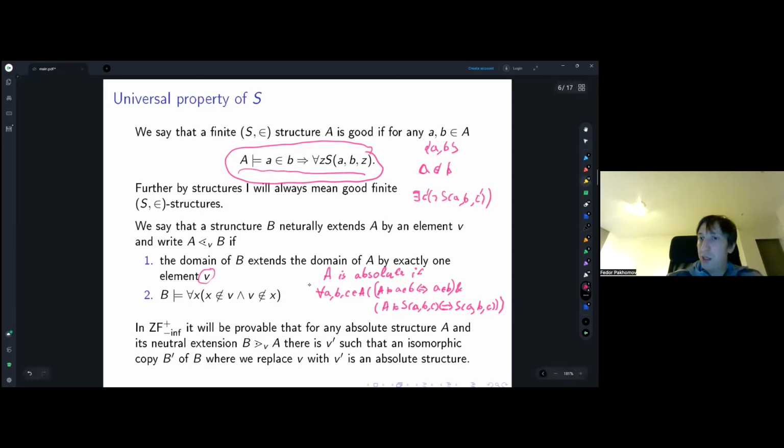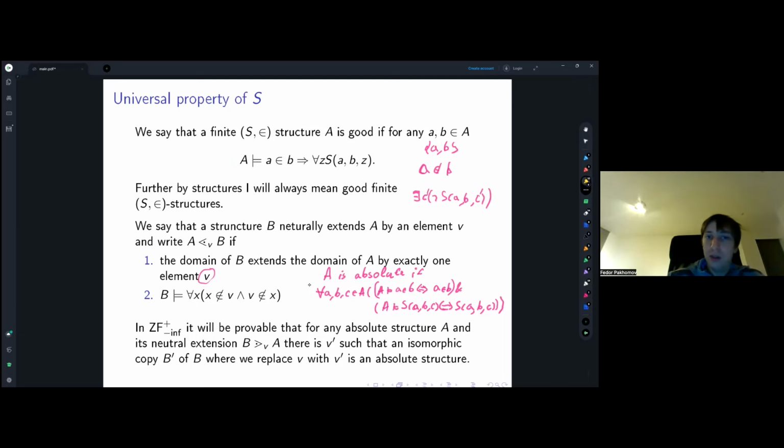So in the end, we want our structure to satisfy this property: for any element, we want our universe to satisfy the property. So for any A, B, if A is an element of B, then for any Z, S, A, B, Z. If you put S to be least, it will break.